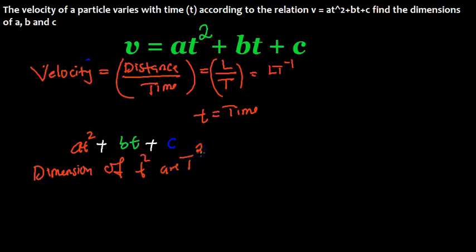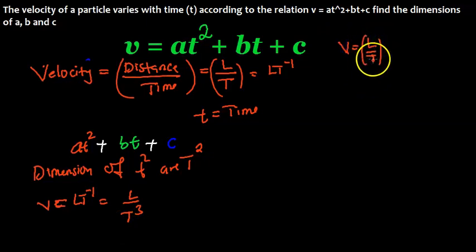For it to match the dimension of velocity, and we said the dimension for velocity is LT minus 1, A must be L divided by T to the power of 3. Because initially velocity is L divided by T, and when you take the time T squared upward, it's simply going to be L divided by T cubed, that is LT minus 3.